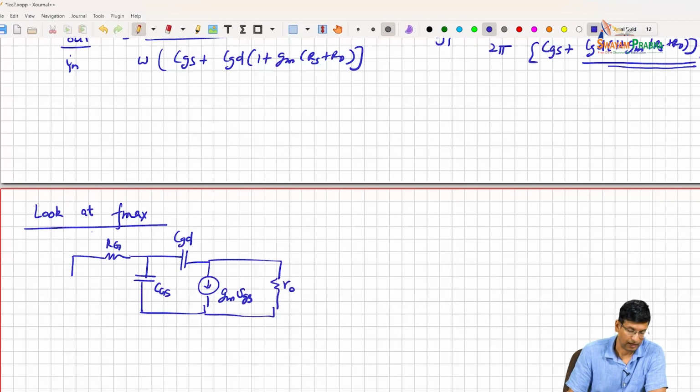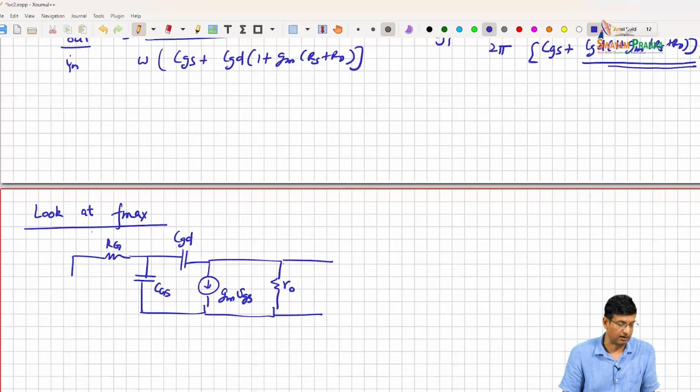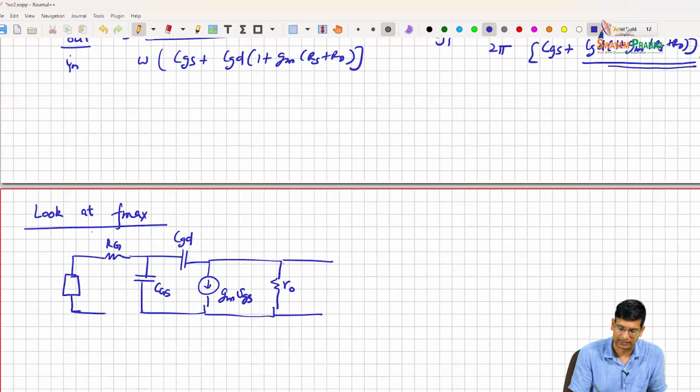And then we basically are looking for a frequency where we have maximum power transfer. So this is basically our input power source. Let's say we have some port which has some input impedance ZS, it can be optimized.